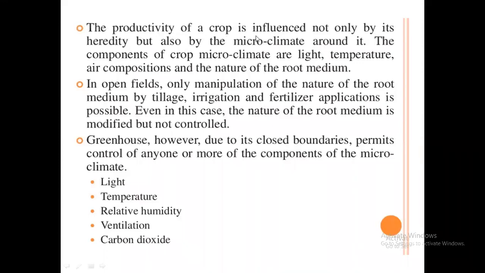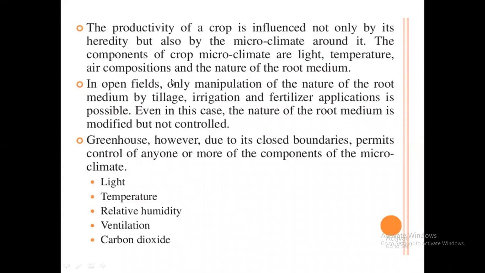The productivity of a crop is influenced not only by the heredity of the crop, not only by selecting a higher yielding variety, or only by supplying irrigation or fertilizer. Not only by these means is the yield increased, but we need to control the microclimatic condition of the crop.